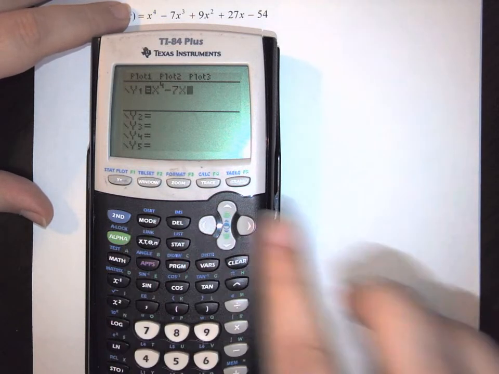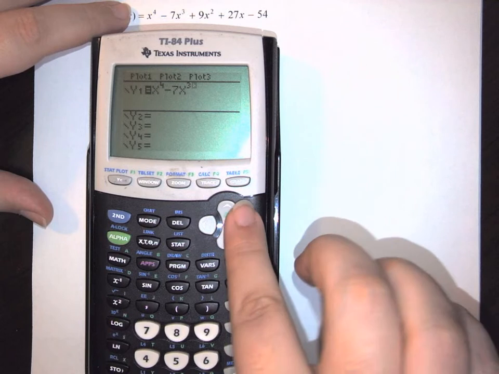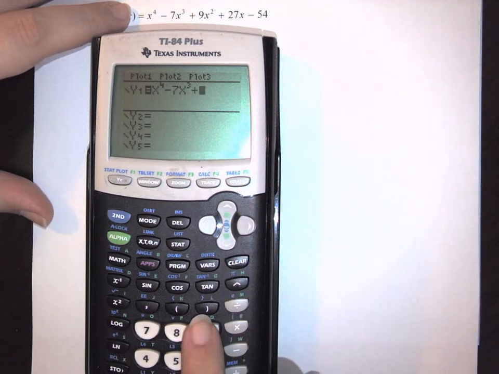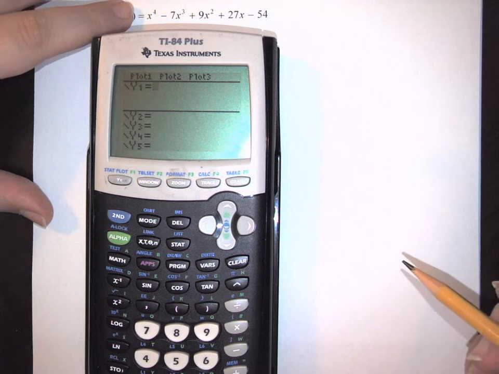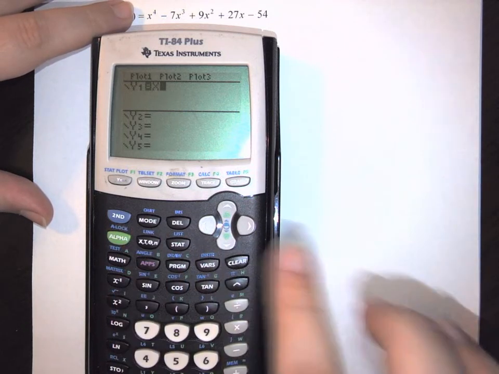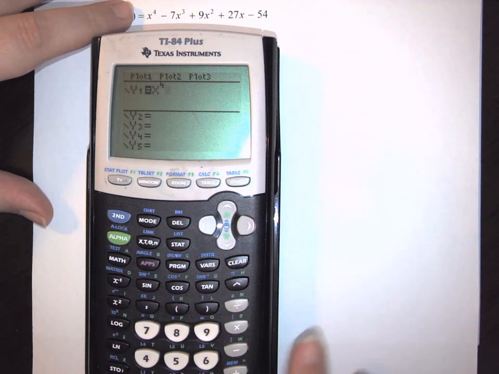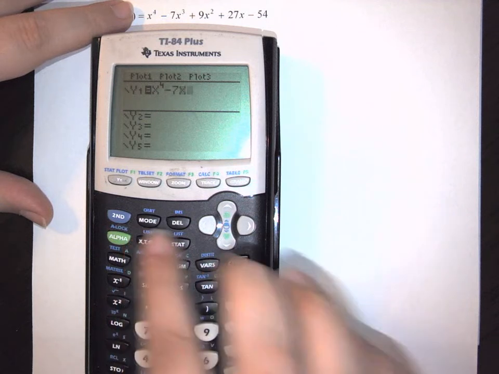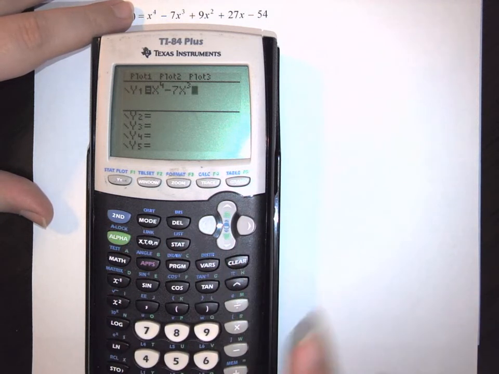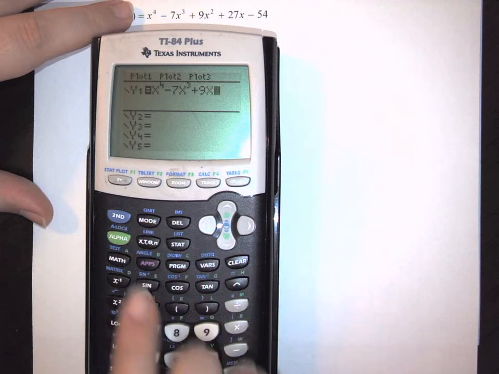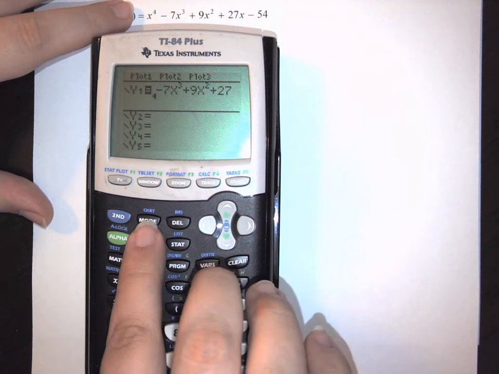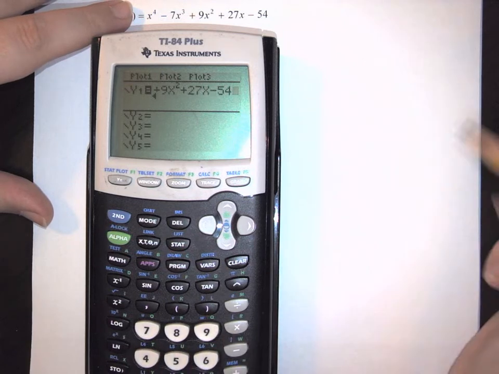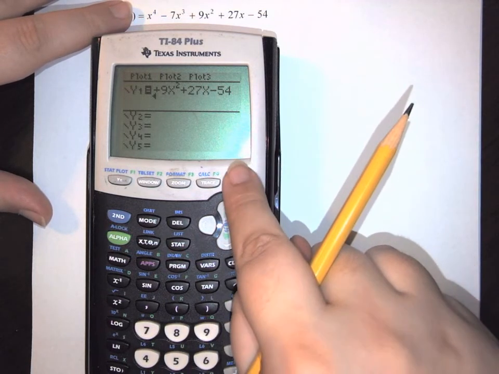Minus 7x to the third plus 9x. Okay, let's try this again. X to the fourth minus 7x to the third plus 9x squared plus 27x minus 54. See, that works better. And again, I would graph it.